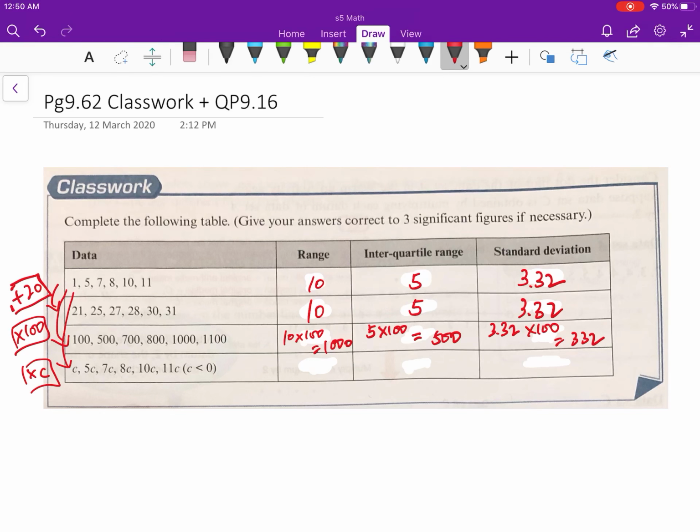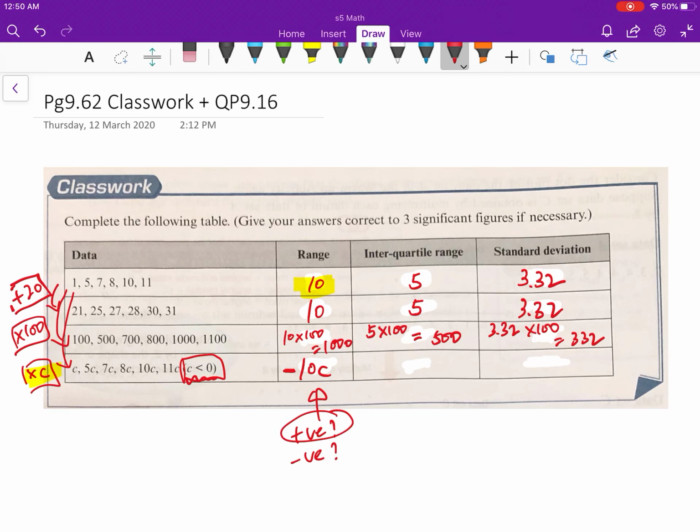Okay, let's go to the last one. Here, you multiply by C. This time is quite tricky. You see, C is smaller than 0. So let's write if this is 10, right? And then you multiply by C, so it should be 10C. Okay, if we just write it this way. But bear in mind, if you write 10C, it is a positive number or a negative number if C is smaller than 0?